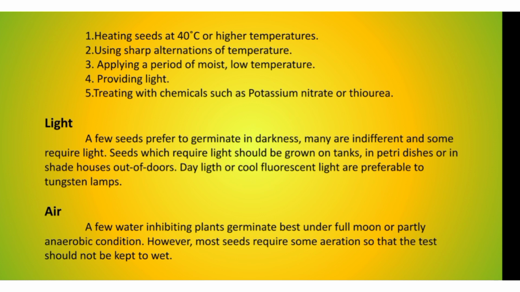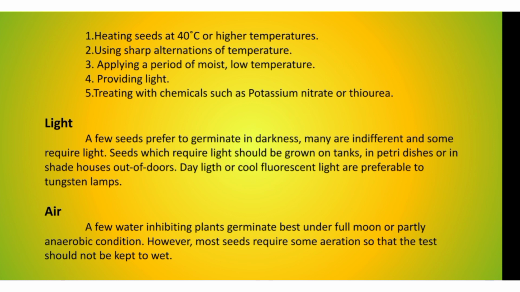Next is the light. A few seeds prefer to germinate in darkness. Like when you germinate mung bean, it will grow stems of a lighter color, like white to green, compared with fully sun-raised germinated seedlings.